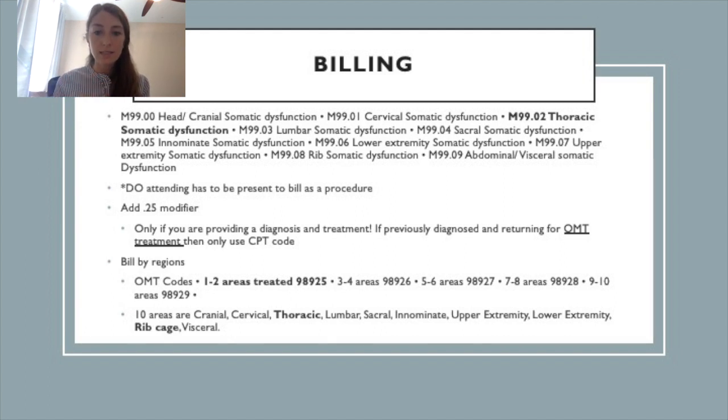So if you made a diagnosis during the visit, and in addition performed treatment, then you would use that diagnosis code, a 25 modifier, and then use the CPT code for your treatment. If you previously diagnosed your patient in another visit and they are coming here just for treatment, and you already know what the issue or the problem is, then you would only use the CPT code. So we bill by regions. In this area, I felt that we really focused on thoracic and rib cage.